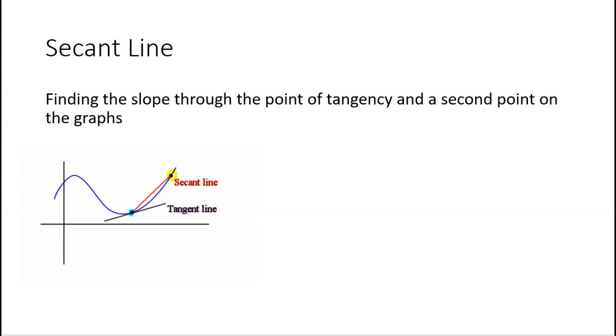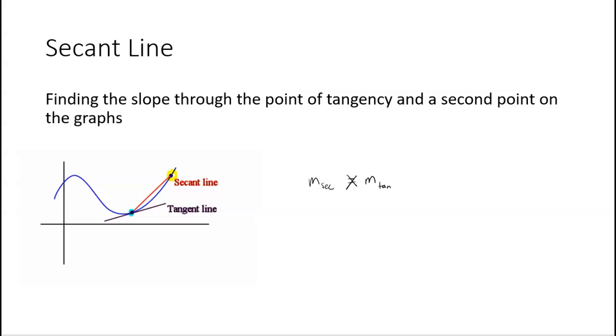Now, does it look like the slope of the tangent and the slope of the secant line are equal to each other? So I'm going to say slope of the secant. Does it look right now, just by looking, like these are equal to each other? And hopefully, of course, you're going to say no. The tangent line and the secant line are not the same slope.